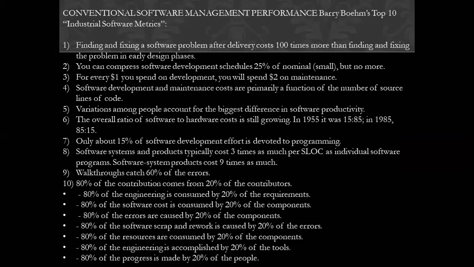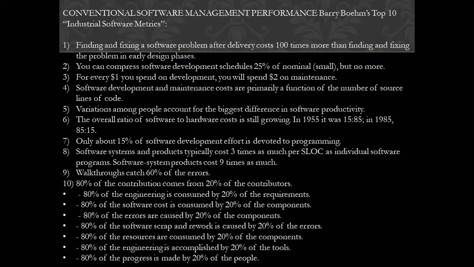Next one is Barry Boehm's top 10 industrial software metrics, which are according to the real-time scenario in organizations, of what happens if you are not applying an efficient model for development. Finding and fixing a software problem after delivery, when you have already delivered the project but have not fixed the problems and defects, can cost you 100 times more than finding and fixing the problem in the early design phase.